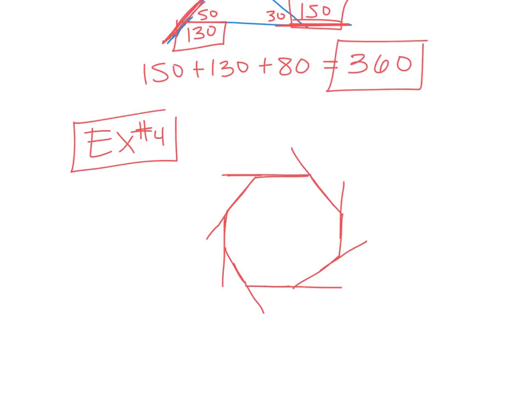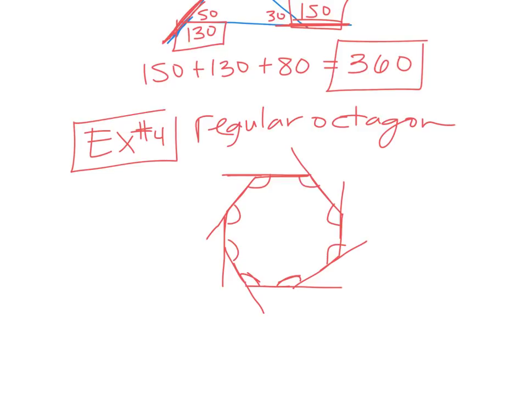Okay, so let's say this is a regular octagon. What do you know about a regular octagon? 8 sides. What does the regular mean? All the angles are equal, all the sides are equal, right? So that means every one of these interior angles is the same.